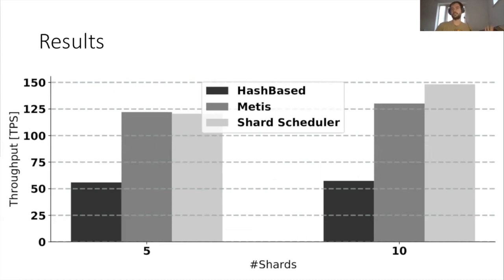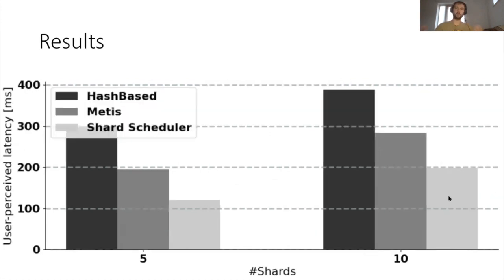Chainspace is a sharded blockchain with the support of smart contracts. We then implemented it on top of the Chainspace miners. We put them on Amazon AWS for different configurations and different number of miners. And again, we experienced a high increase in the throughput, as well as a significant decrease in the user perceived latency.